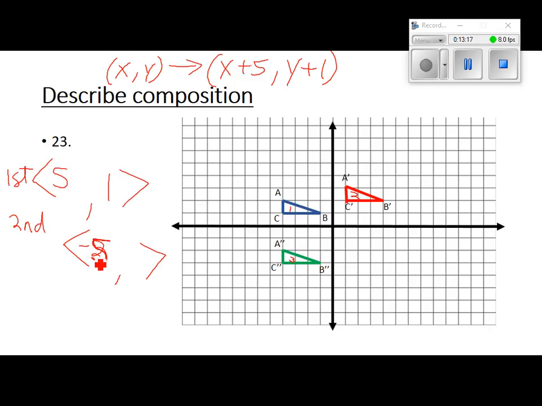Down 7, I think, but 5. Is it 5? Go down to the red. So what's that tell me? Negative 5. That's our first movement, that's our second movement. Make sure X, then Y. Don't get it confused with slope, where it goes up or down first, then left or right. A lot of you are turning that around.